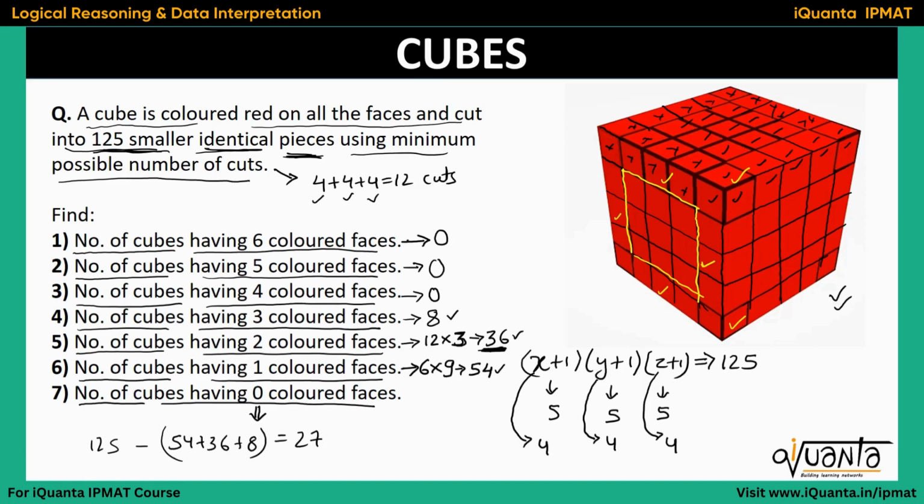So it will be a 3 by 3 cube. Again, this is based upon visualization. So the number of cubes with 0 faces colored would be 3 cross 3 cross 3, which means 27.